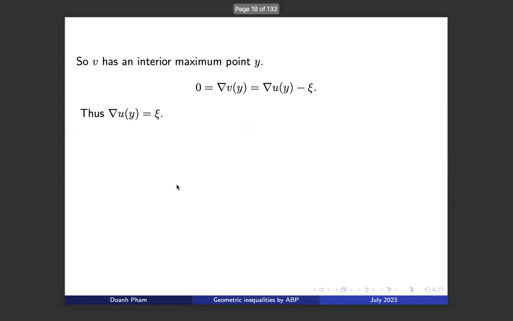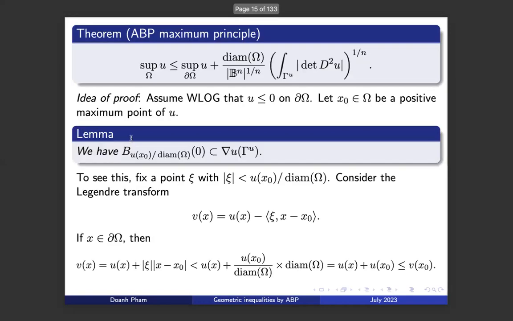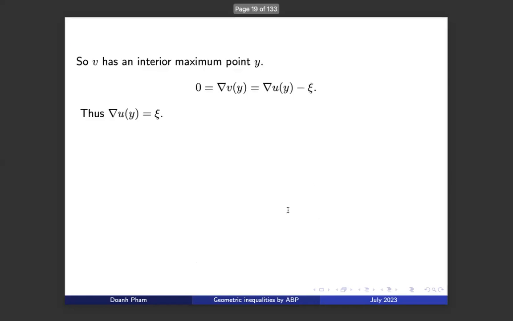So basically it says that this ball with radius U(x0) over diameter is a subset of the image of the gradient of U on gamma U. So if we take the volume, then the volume of the ball must be less than or equal to the volume of the image of the gradient of U on gamma U. So we take the volume.